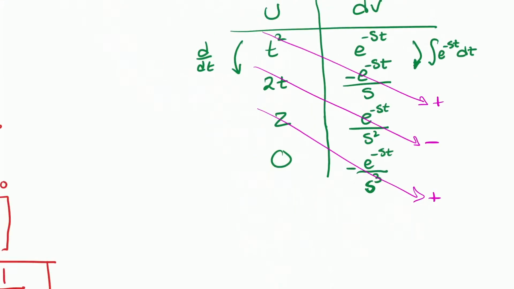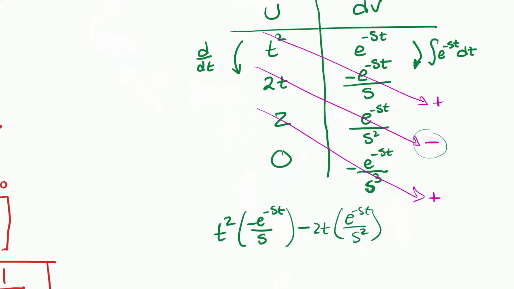So my final antiderivative of this original function, which we'll put back on the screen in a minute, is going to be t squared times negative e to the negative st over s, minus, because of this negative here, 2t times e to the negative st over s squared, and then minus, because of this negative, 2e to the negative st over s cubed.